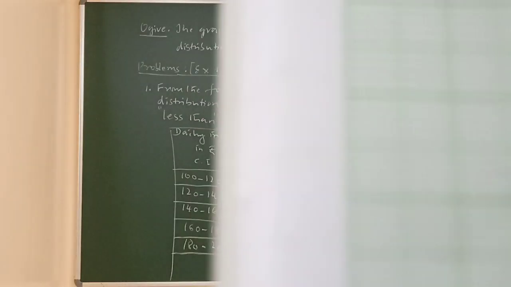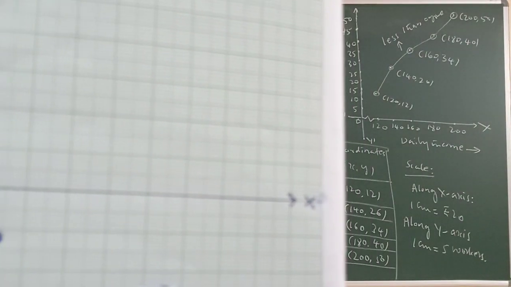Okay, children. Now look at here. On the graph sheet we have drawn 2 axes, X dash O X, then Y O Y dash, and then look at the scale.